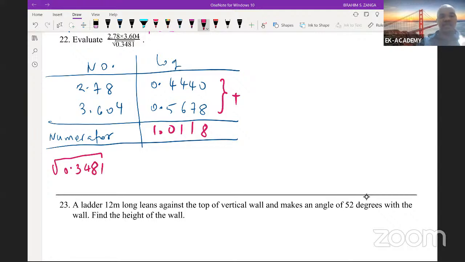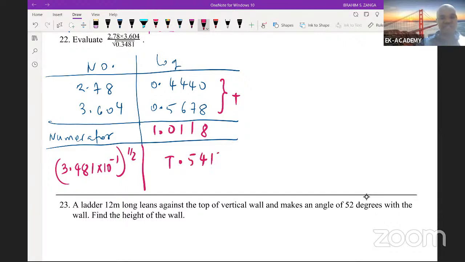The next number is square root of 0.3481. So what you're going to do here, you're going to express the number in standard notation. So it is 3.481 times 10 power negative 1, then power half. So log of this number will be bar 1 point. Now you're going to read in the table log of 3.481 to get 5417.